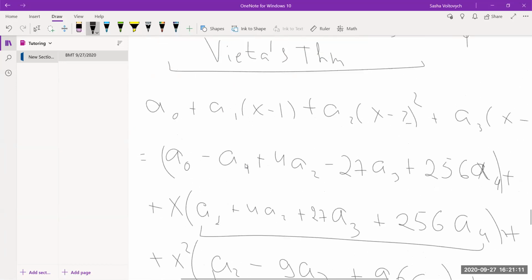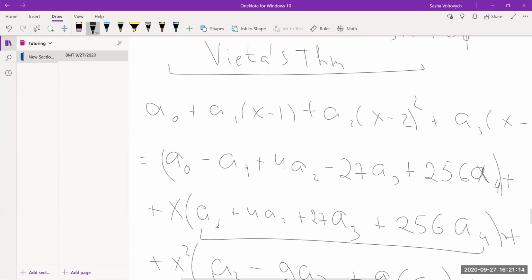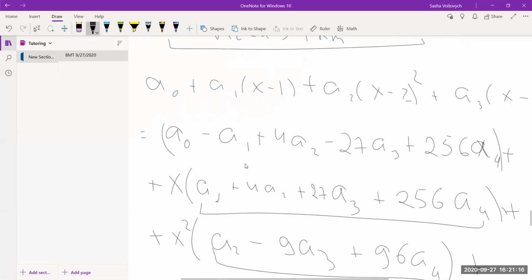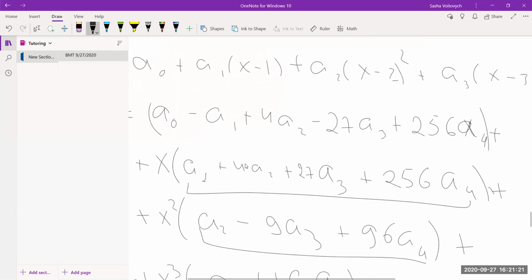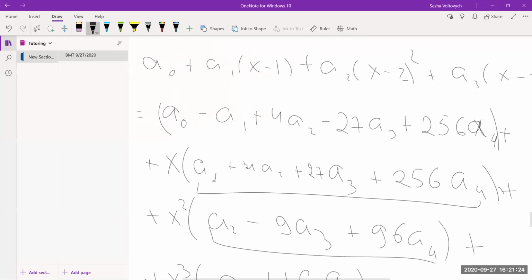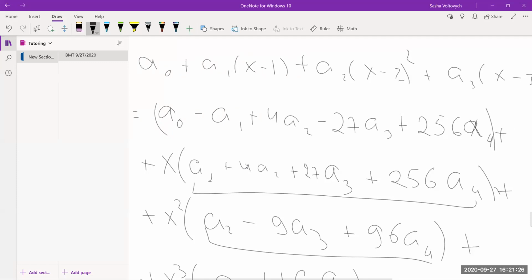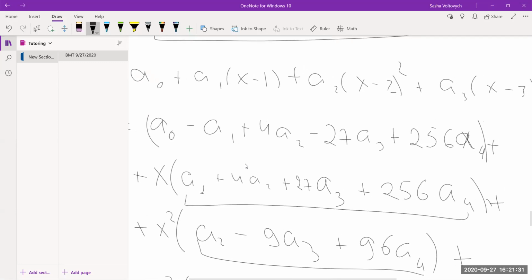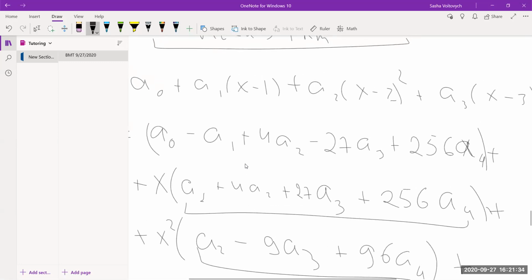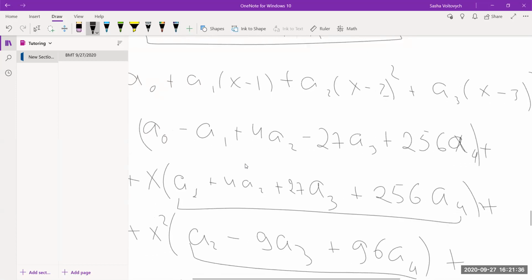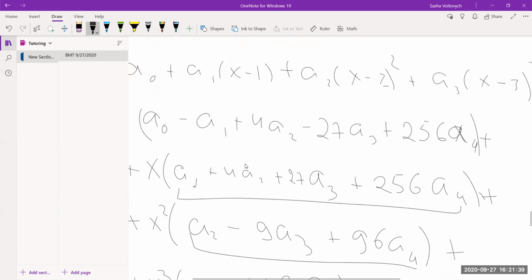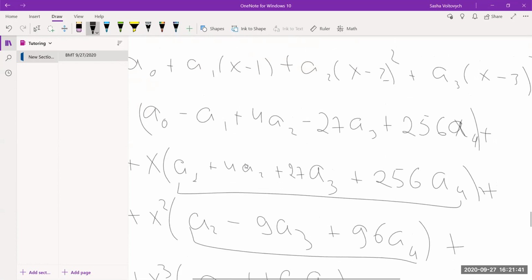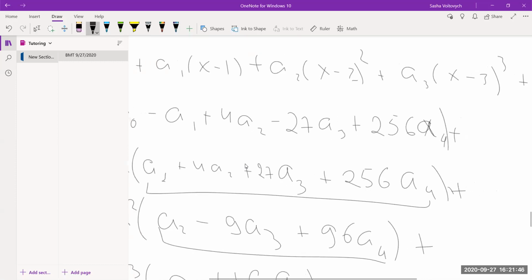So this is the coefficient of x. Wait, is this correct? Minus.